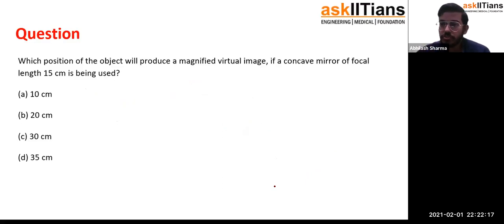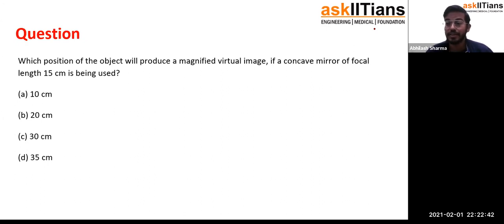Now, there's a question for you all. Just see to it, read it. So you've read it, that a concave mirror is there. Its focal length is given. You want a virtual image from a concave mirror. It becomes pretty easy because there is only one case when a concave mirror forms a virtual image.